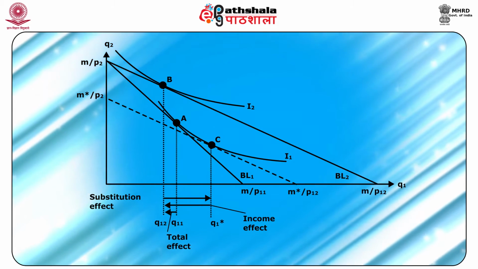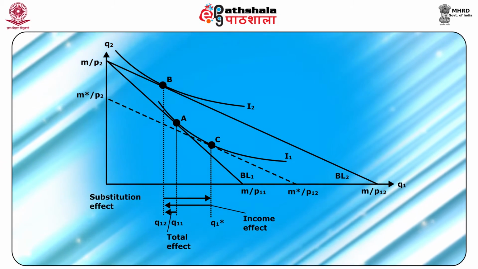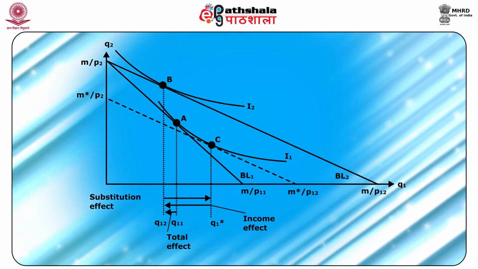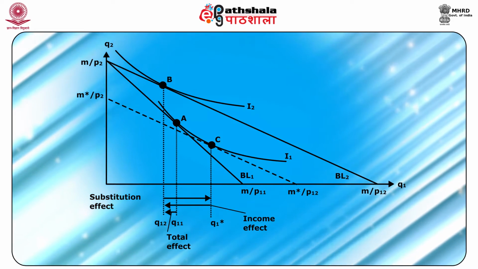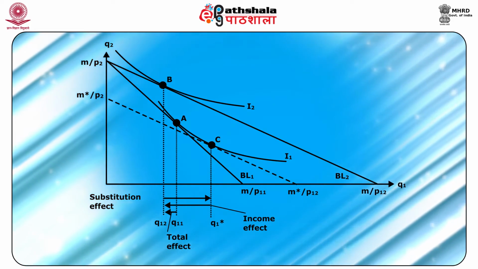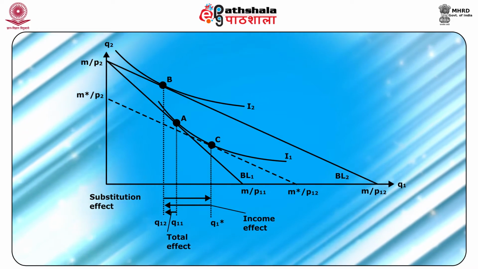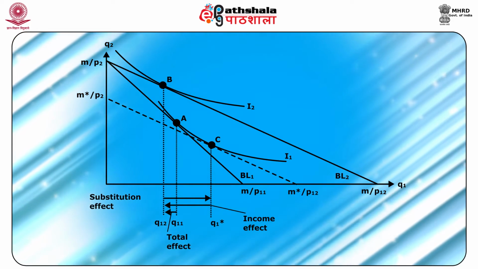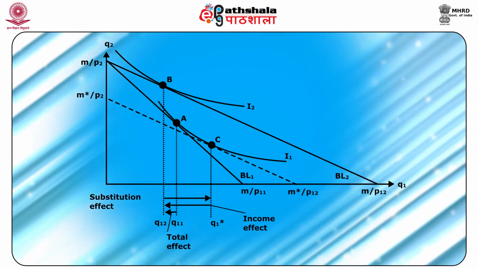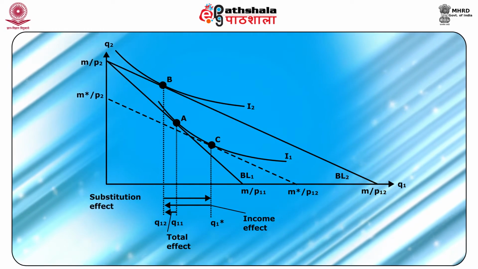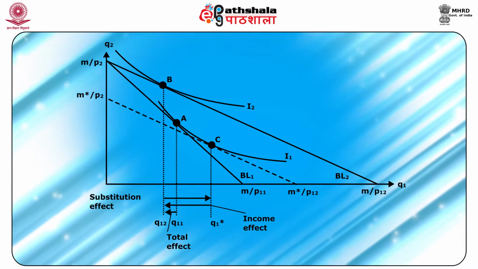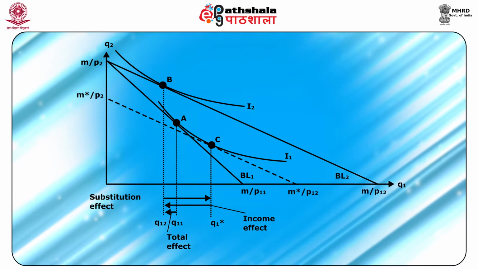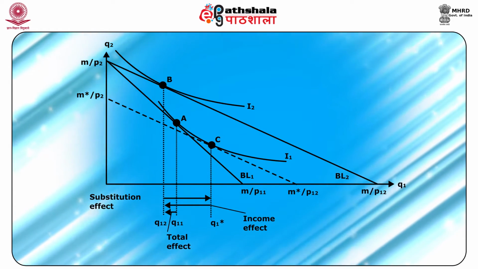But on the other hand, the income has not increased, the income has been restricted, and the additional income has not been given back to the consumer. Now if we then allow for the compensating change, then what would happen is that the budget line would shift parallelly and would go to BL2.